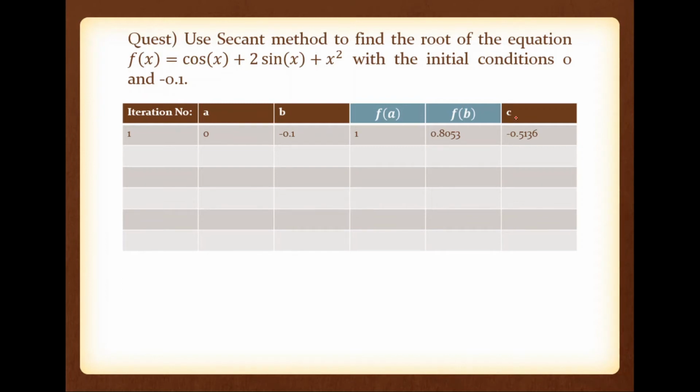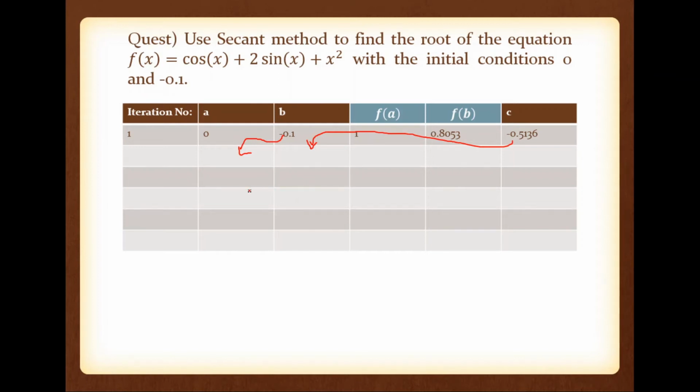So C is equal to, as per the above mentioned equation, minus 0.5136. So this is the C value, minus 0.5136. Now for the next iteration, B is taken as A, and C is taken as B. Means A equal to B, B equal to C.